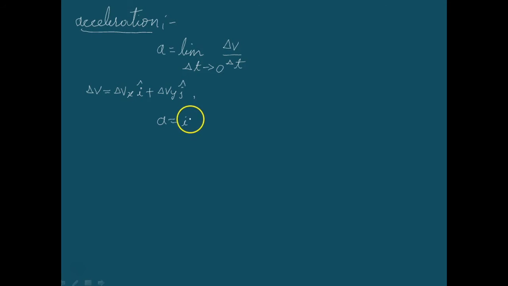So this acceleration A is I cap limit as delta t tends to 0, delta Vx by delta t, plus J cap limit as delta t tends to 0, delta Vy by delta t.